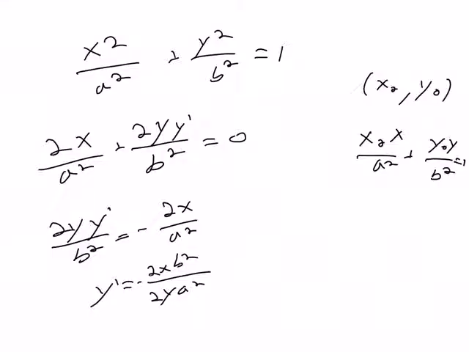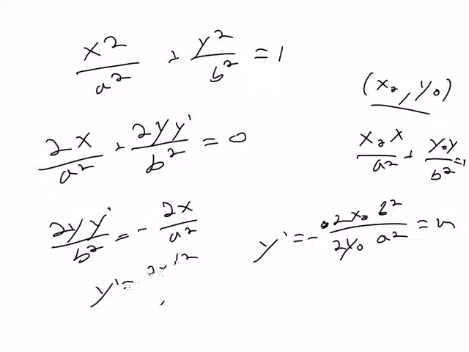So if we plug in a given point x0, y0, we get that y prime is going to be negative 2x0 b squared over 2y0 a squared. This is the slope.